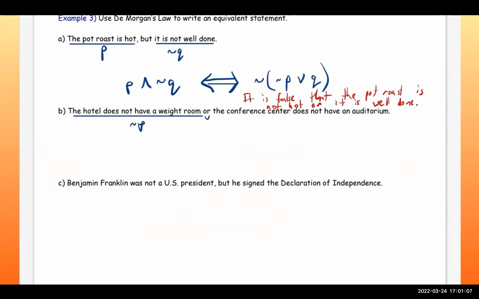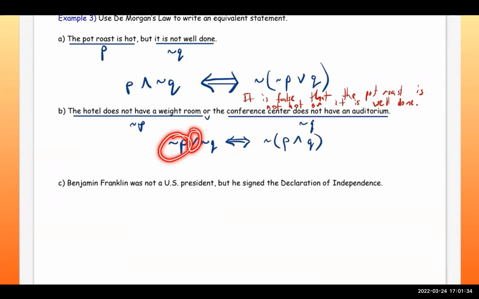So not Q. All right, so the statement is not P or not Q. If we use De Morgan's law, let's write the equivalent statement. So negation on the outside of the parentheses, that would have to become P and Q. So basically you just do the opposite, opposite, opposite, which is positive P and Q, and the negation comes to the outside.